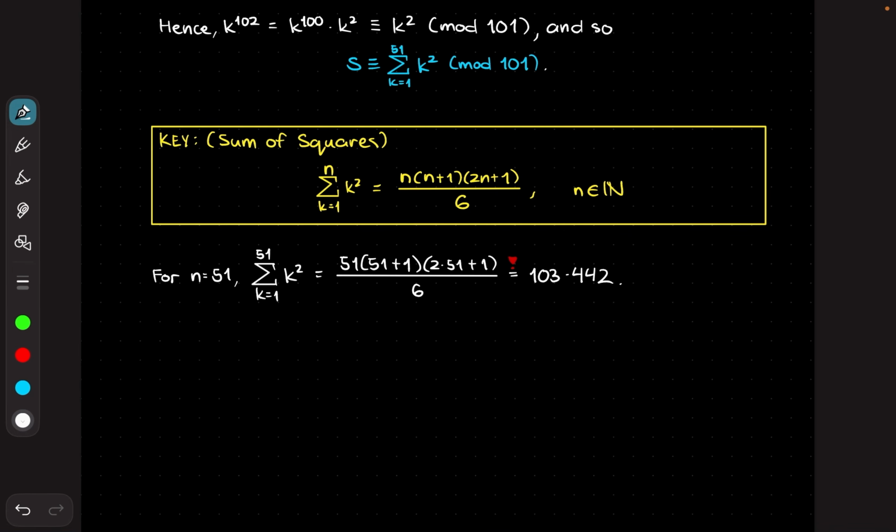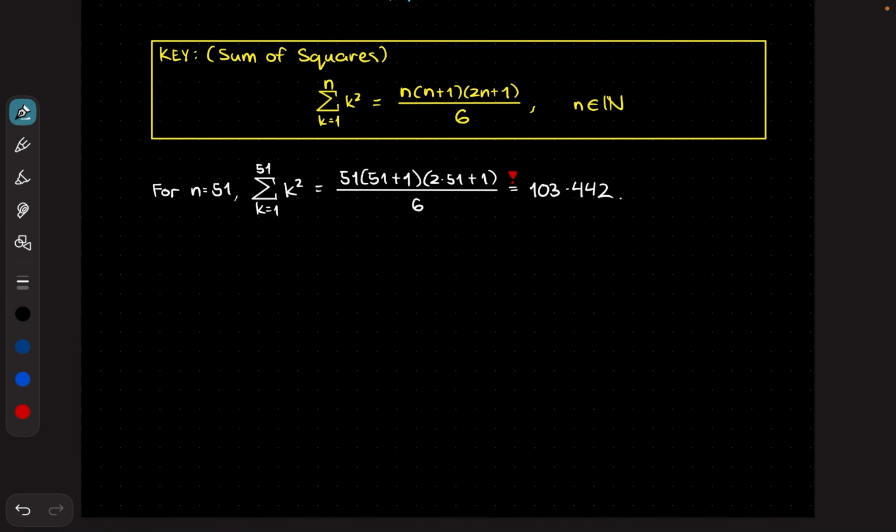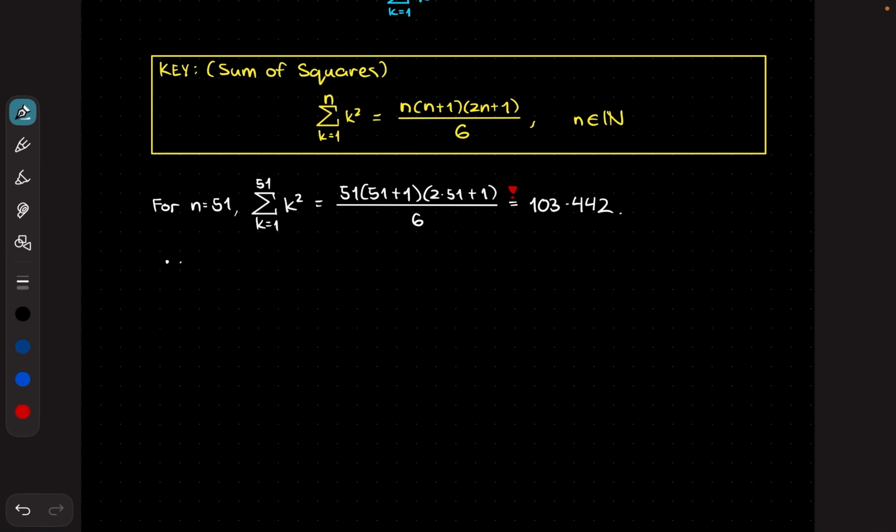442. Now from here, note that we split these two because we'll examine them individually. First, take note that 103, when you divide it by 101, clearly the remainder is just 2.